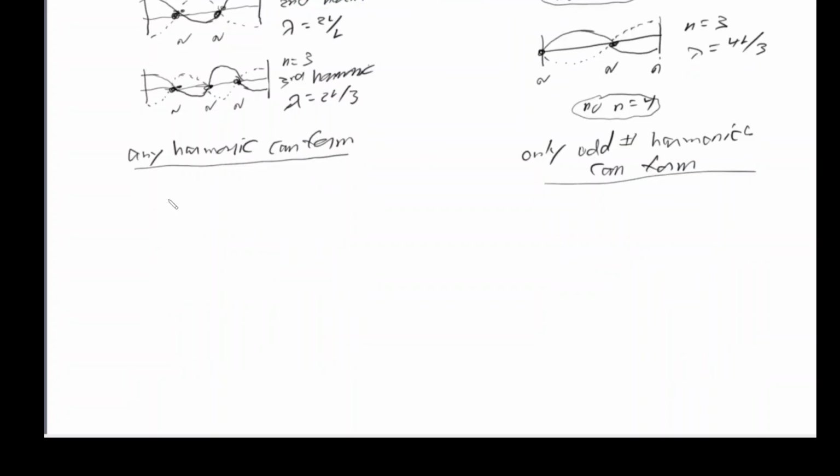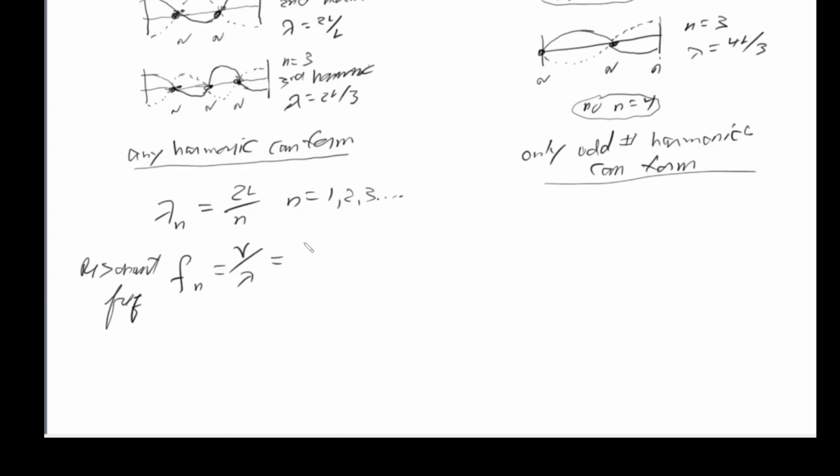So for a pipe where both ends are open, the wavelength is equal to 2L over n, where n equals 1, 2, 3, etc. And our resonant frequency, f sub n, is equal to v over lambda, which is nv over 2L, where again n is 1, 2, 3.